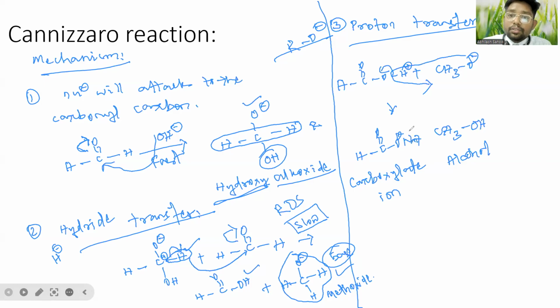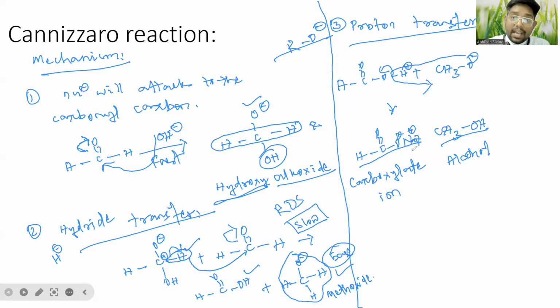If you had taken potassium hydroxide, then it will be potassium formate, like that. This is your oxidized product, and this is your reduced product. Remember, in exams most of the time the question comes: in Cannizzaro's reaction, which step is the rate determining step? The hydride transfer step is the rate determining step.